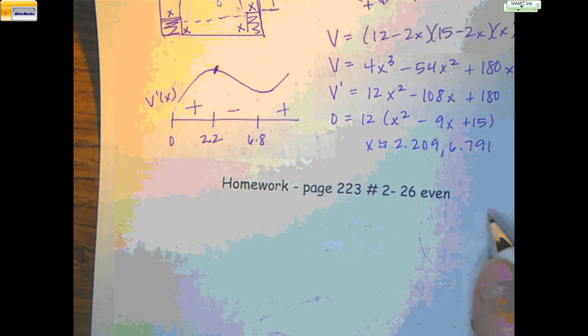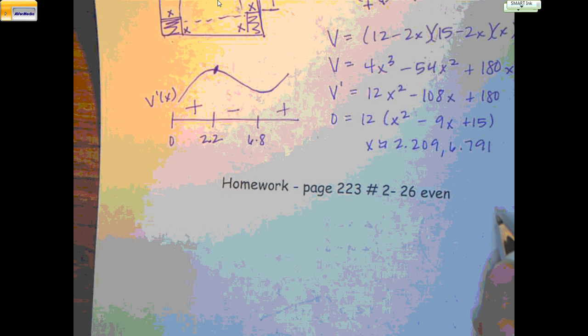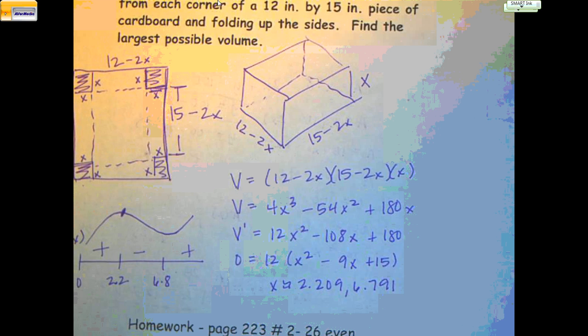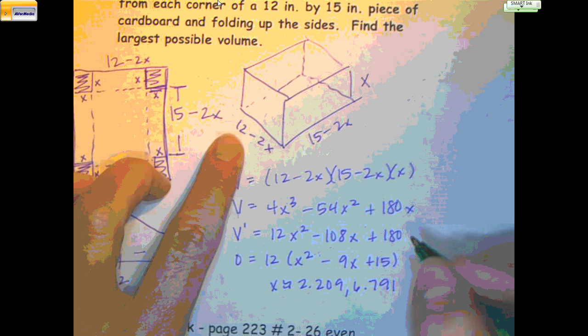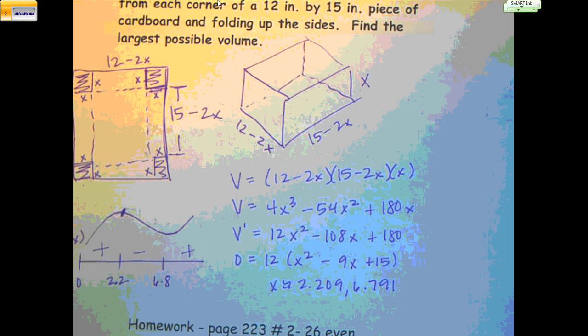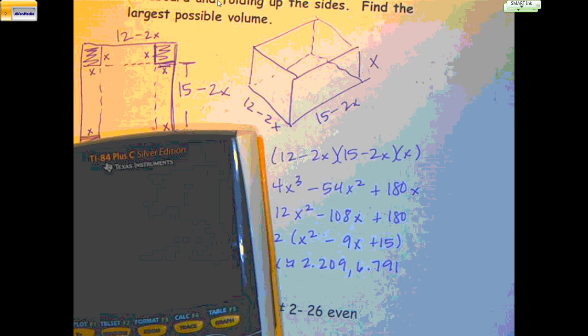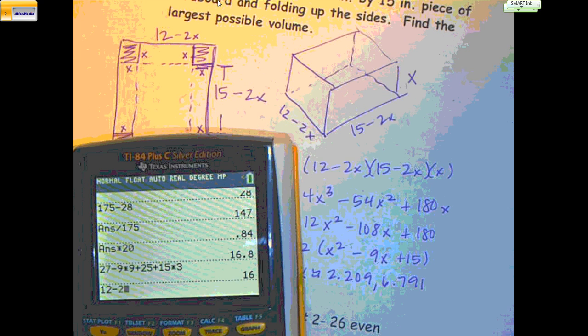They want to know what the largest possible volume is, which means I'm going to need to know all of these little values here. So you've got 12 minus 2.2. Let me type that in. 12 minus 2 times 2.209.